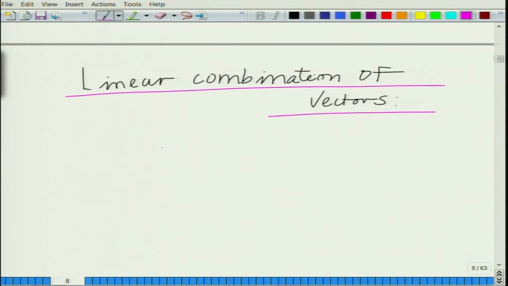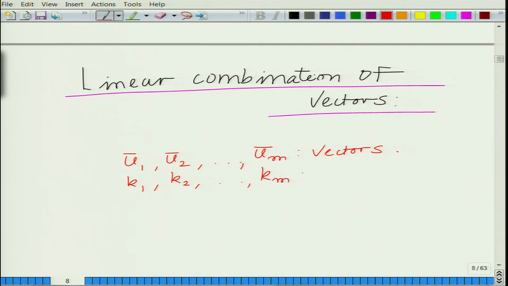So, consider the vectors u1 bar, u2 bar, up to um bar, these are the vectors, and then you have the scalar quantities k1, k2, up to km, these are your scalars.